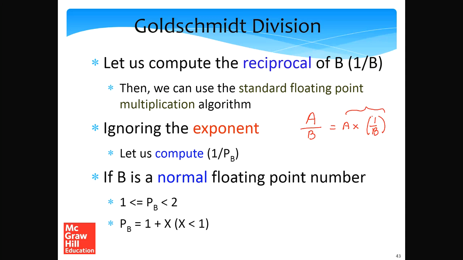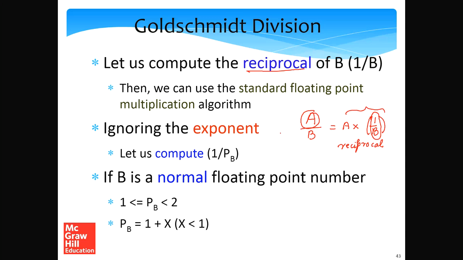So pretty much my problem reduces to finding what is 1 by B. So 1 by B is known as the reciprocal. So if I have a fast algorithm for finding the reciprocal of a number, then I can multiply 1 by B with A and compute A by B. So let us thus try to compute the reciprocal of B, which is 1 by B. Then we can use standard multiplication.